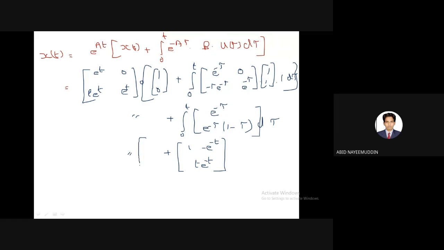Now add that value with 1 and 0. Then this will become 2 minus e power minus t, and then t into e power minus t, multiplied by e power t, 0 t into e power t.